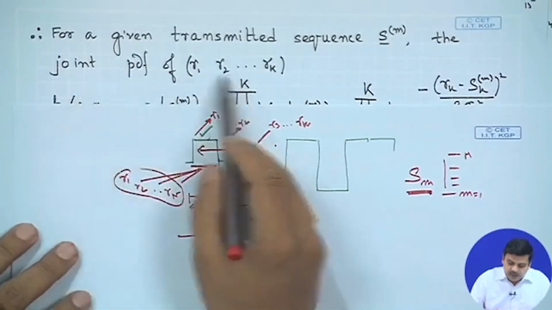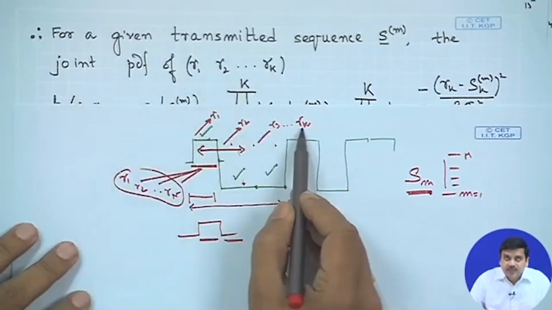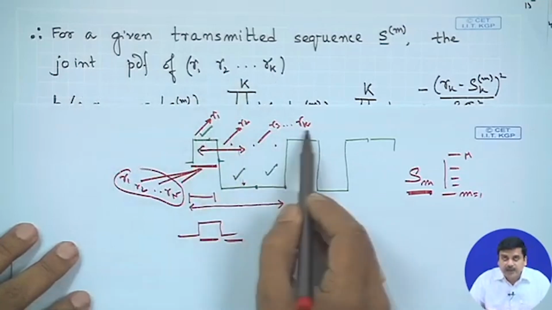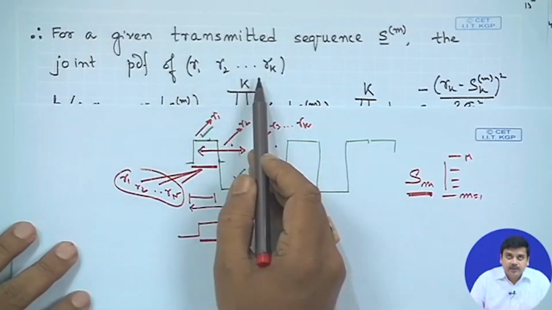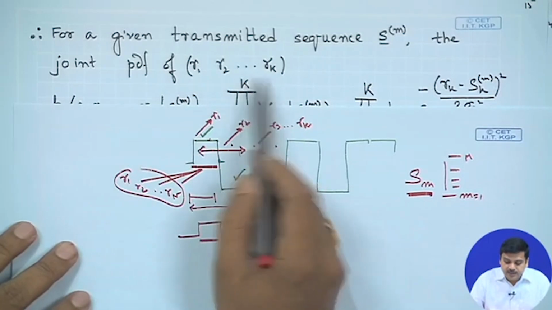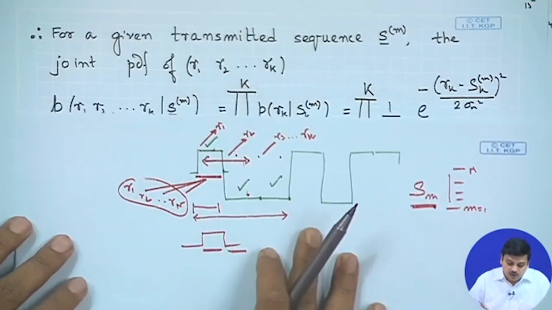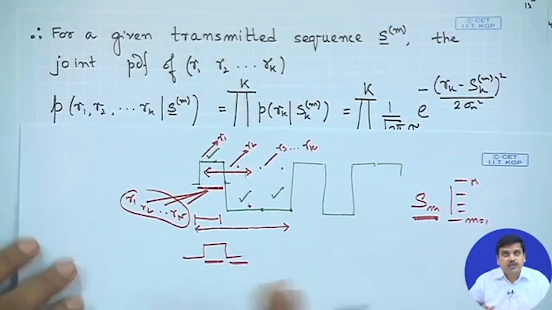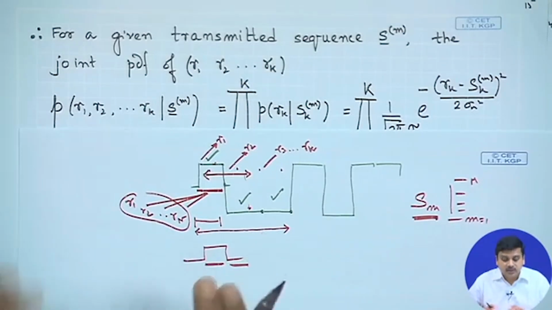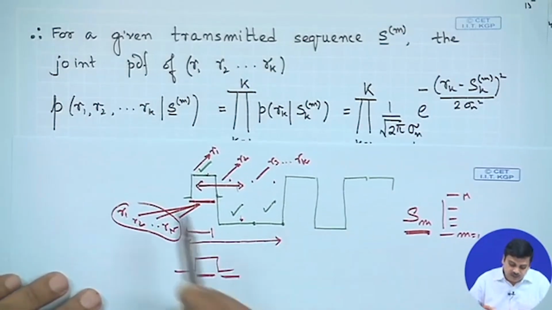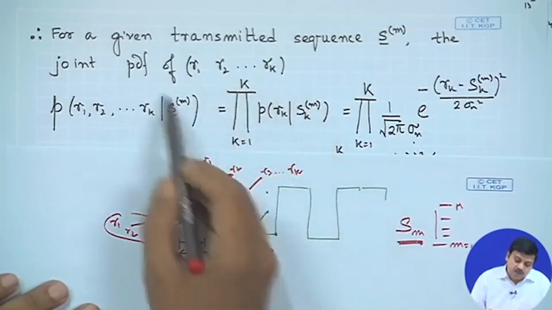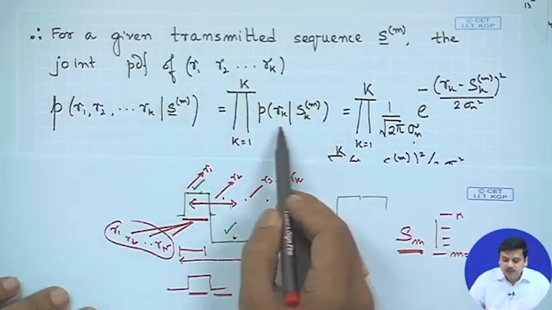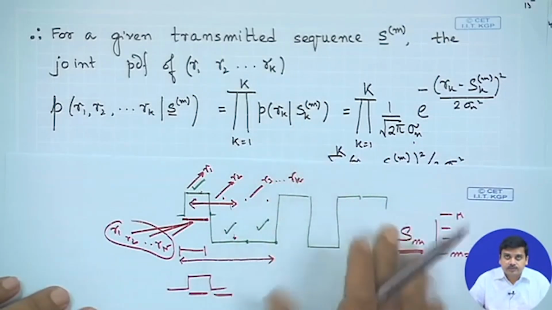Then the joint PDF of these received signals in these k observed intervals, since noise is independent and these basis functions are orthogonal, similar conclusions as we had for the components. The logic is similar and the conditions are similar. So, the joint distribution would become the product of the individual distributions.